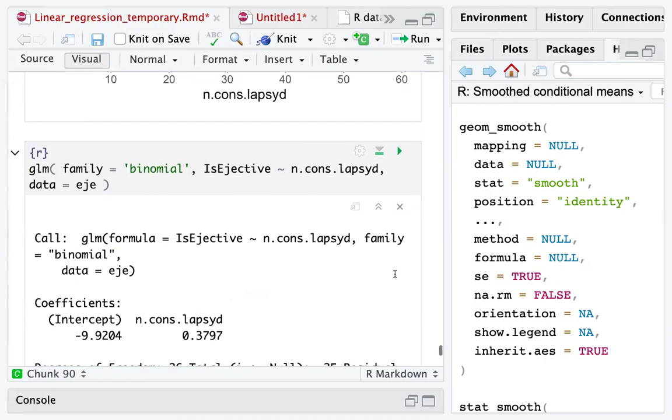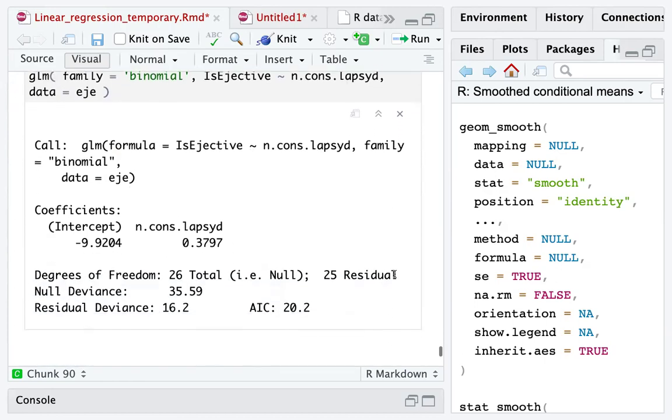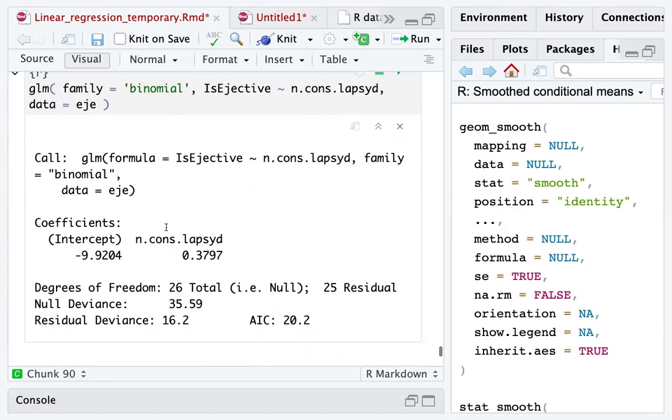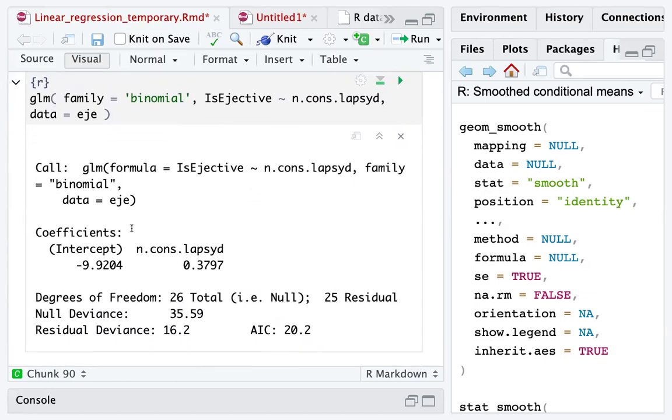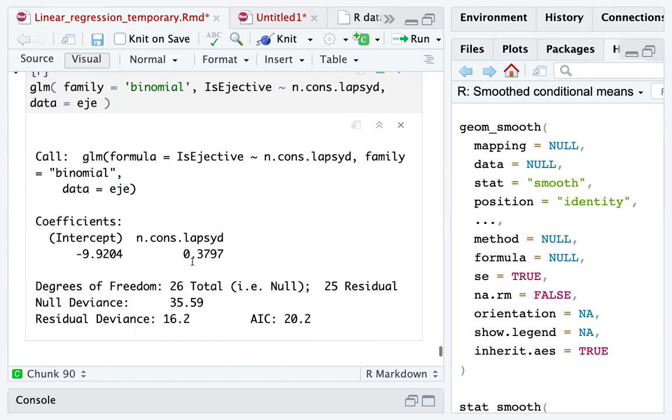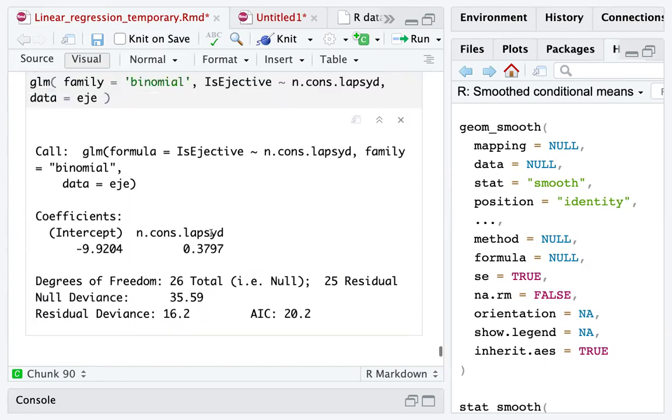We can see that there are some estimates of the coefficients, like the intercept and the slope.